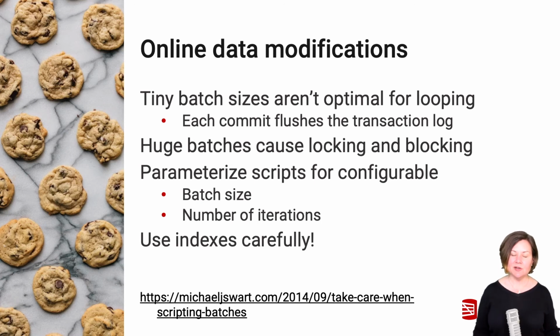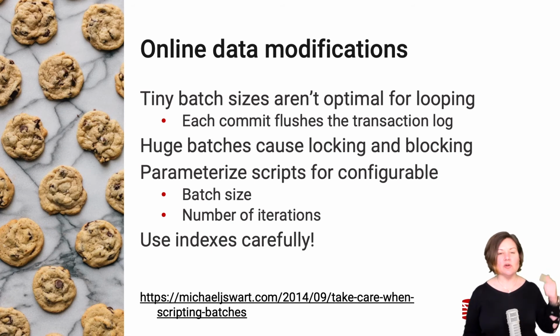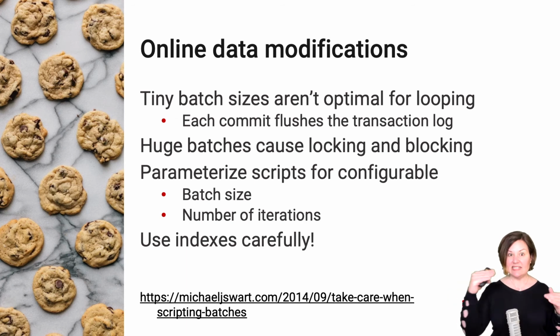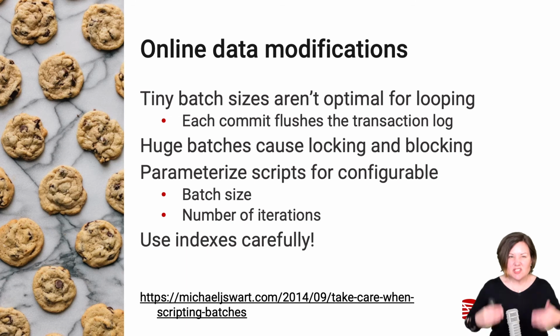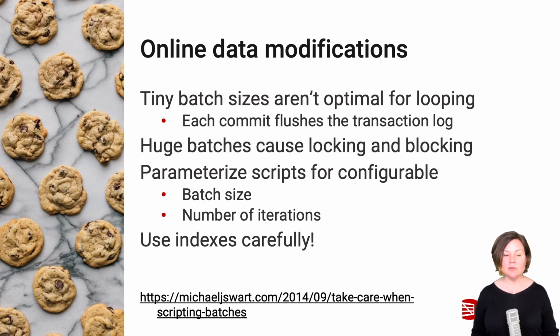Because in my experience, especially when we get to production, if we've got something like transactional replication or availability groups or anything that synchronizes our data with other systems, we may want to run our modifications for a while and then wait, if that's acceptable. Let everything catch up because we've just turned a bunch of changes into our log, and then run some more. So I like the scripts to be very, very configurable in terms of both of these items.